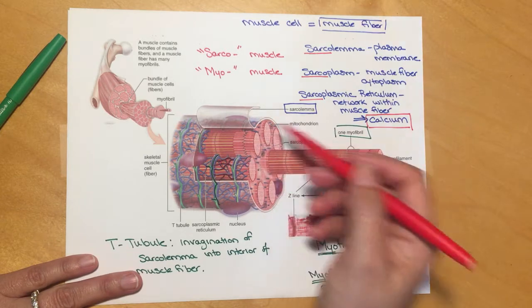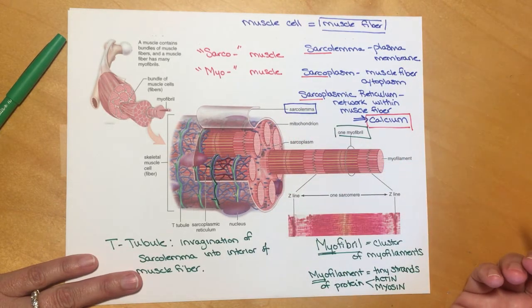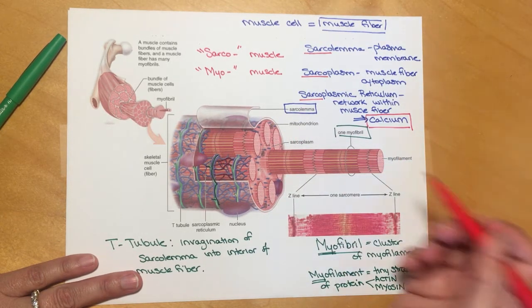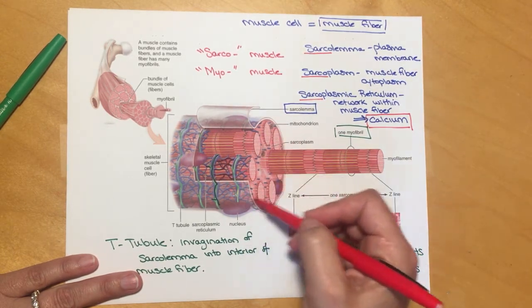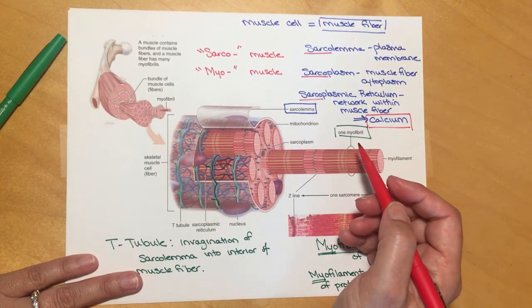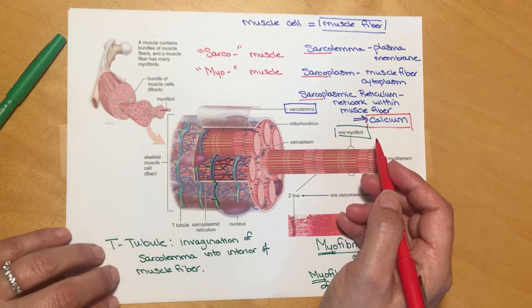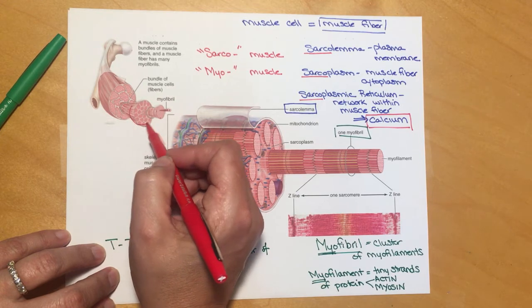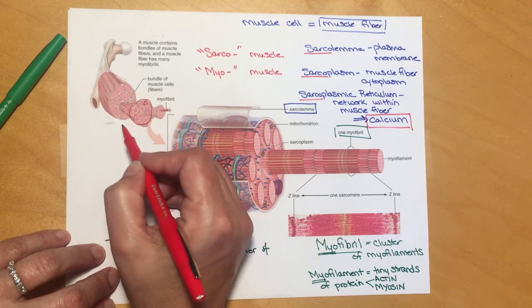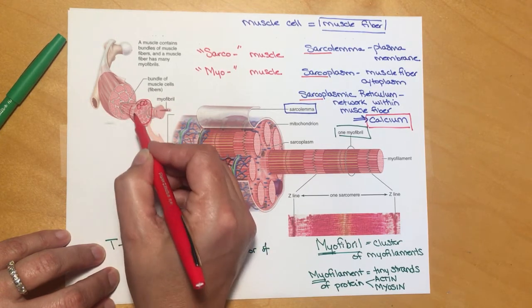So how does this relate to the arm muscle that you might see when you flex your biceps? Well, if you take a whole bunch of muscle fibers and put them together, it's called a fascicle. And that would be something like this. You can see here's a muscle fiber, here's a muscle fiber, here's one.